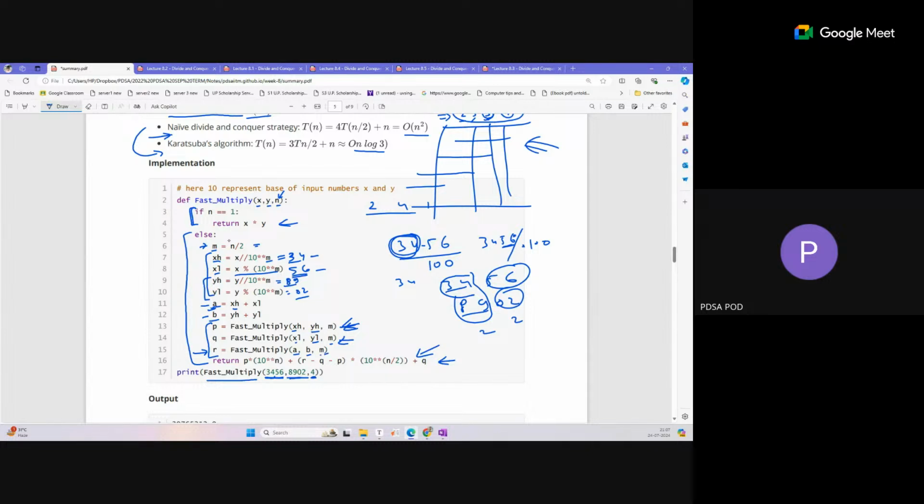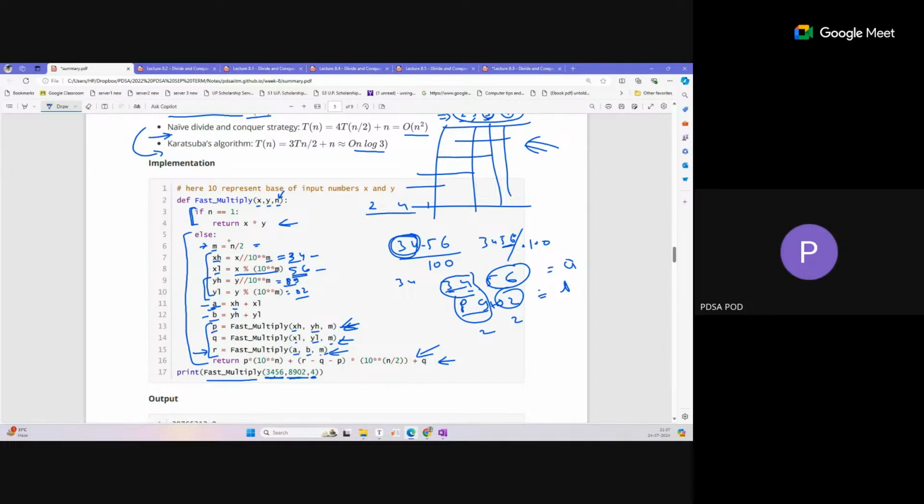We perform this sum operation and then pass r. This is also one more recursive call.